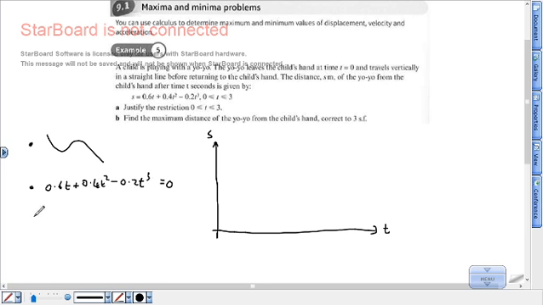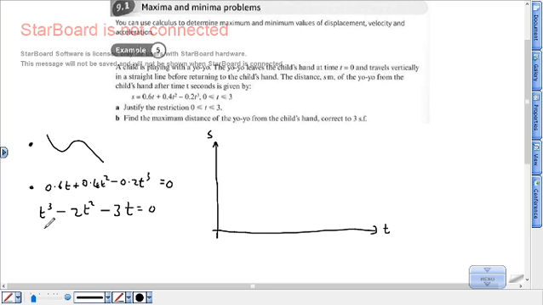That becomes a positive t cubed. That becomes a negative, and times it by 10 divided by 2 is 2t squared. Times it by 10, divide by 2 and change the sign gives you 3t is equal to 0. So that's what it boils down to.